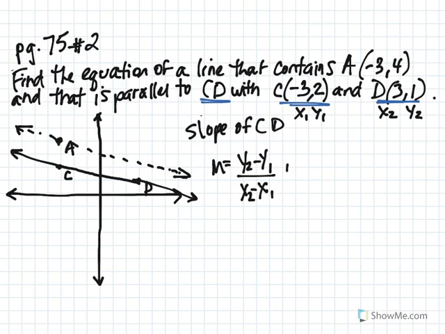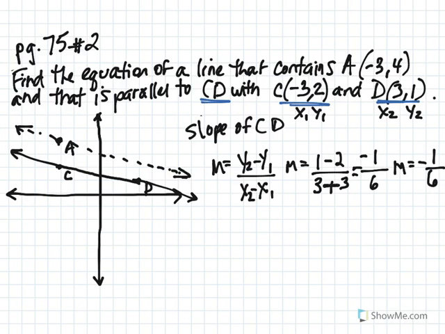So m equals y2 is 1 minus 2 over 3 minus negative 3, which gives me a plus. And I get negative 1 over 6. So my slope equals negative 1 over 6.